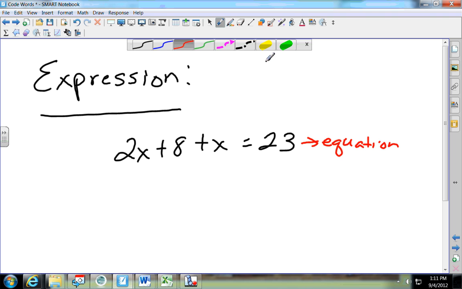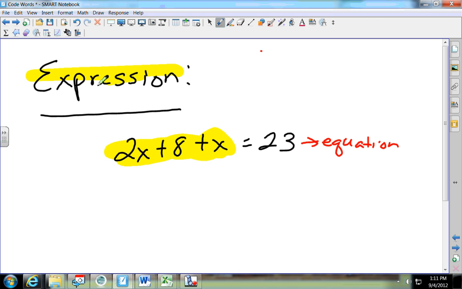An expression is only this part right here. An expression is not going to have the equal sign. Okay? So if I take away that equals 23, this is my expression. There's not one single answer for an expression.